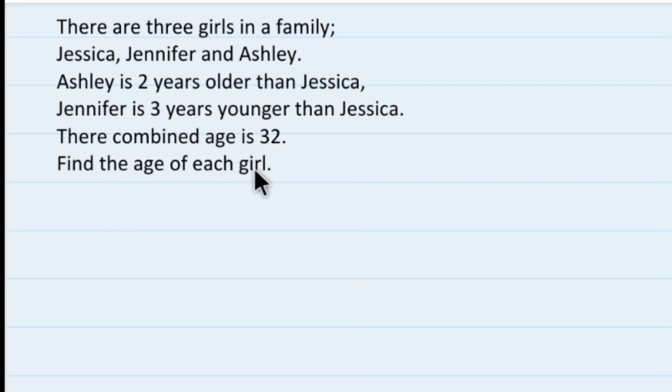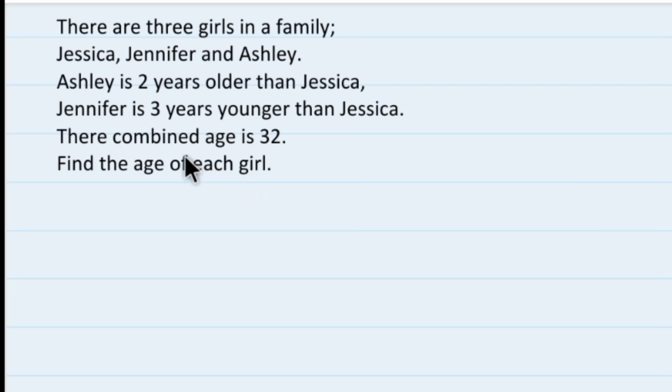So the first step is to determine what we have to find. We have to find the age of each girl. So what is our unknown value? The unknown value is the age of each girl.